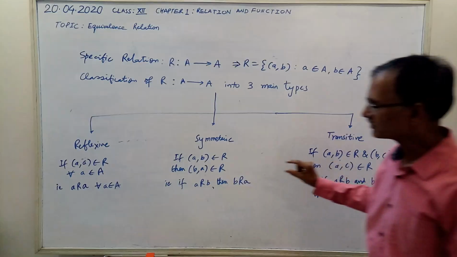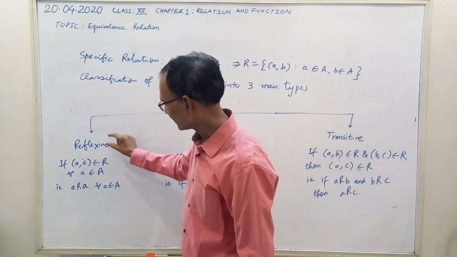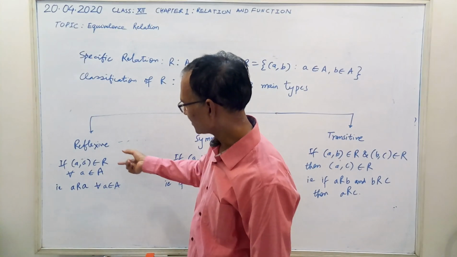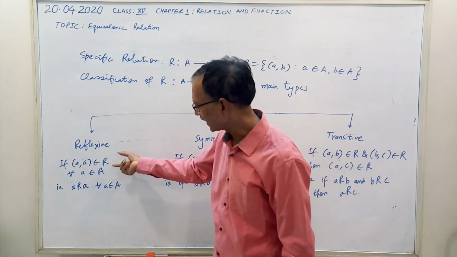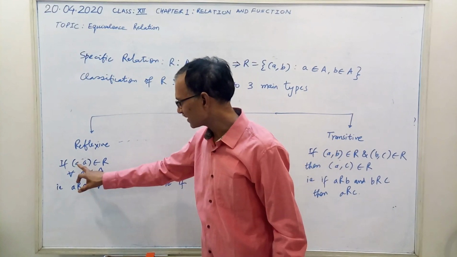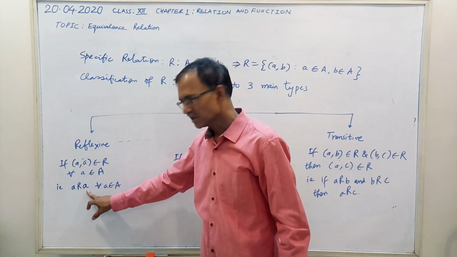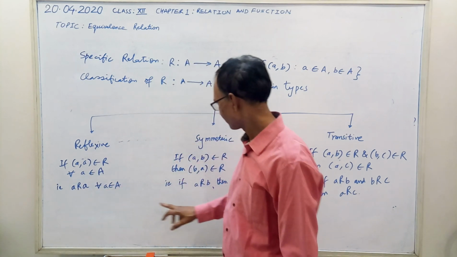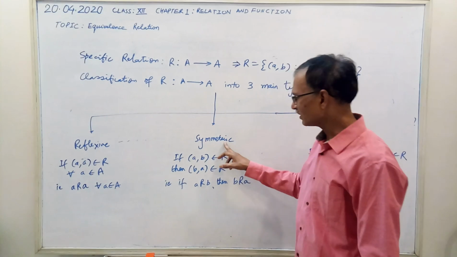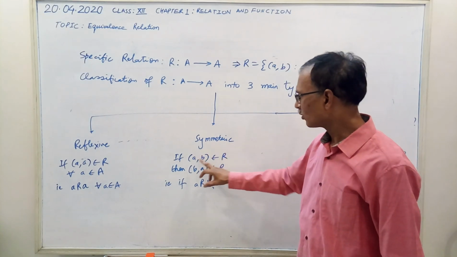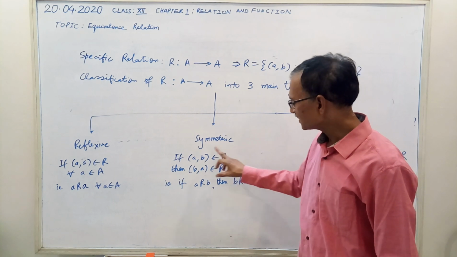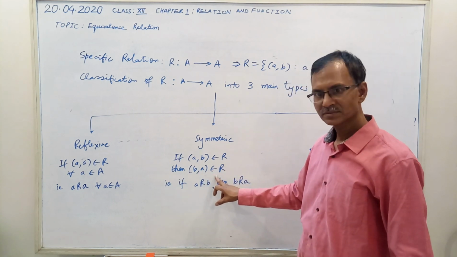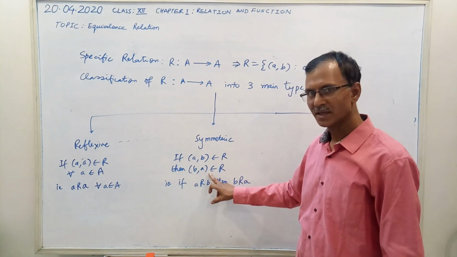Now what is the nature of a reflexive relation? A reflexive relation is that relation in which necessarily (a, a) will belong to R for all a. That means every element will be related to itself. A symmetric relation is that relation in which if (a, b) belongs to R, that means a is R-related to b, then b will be related to a.